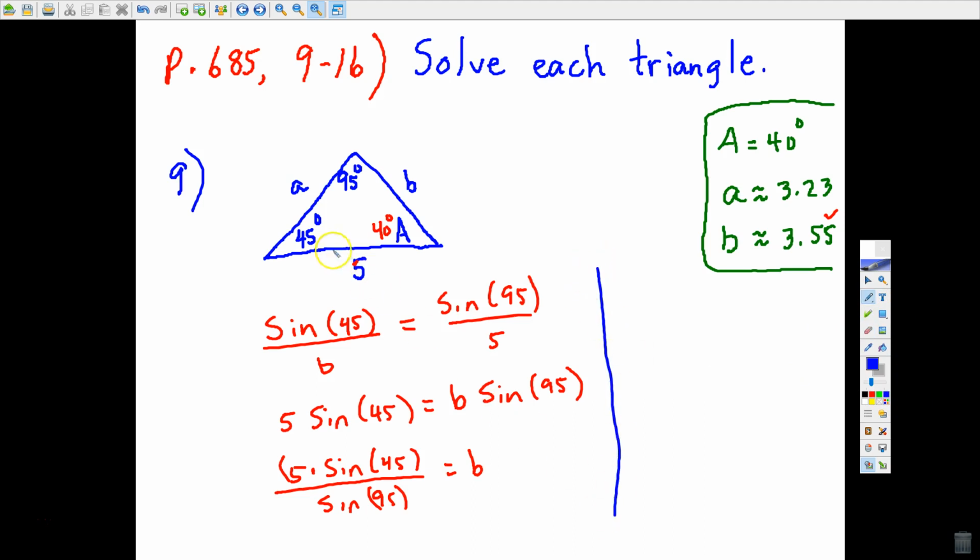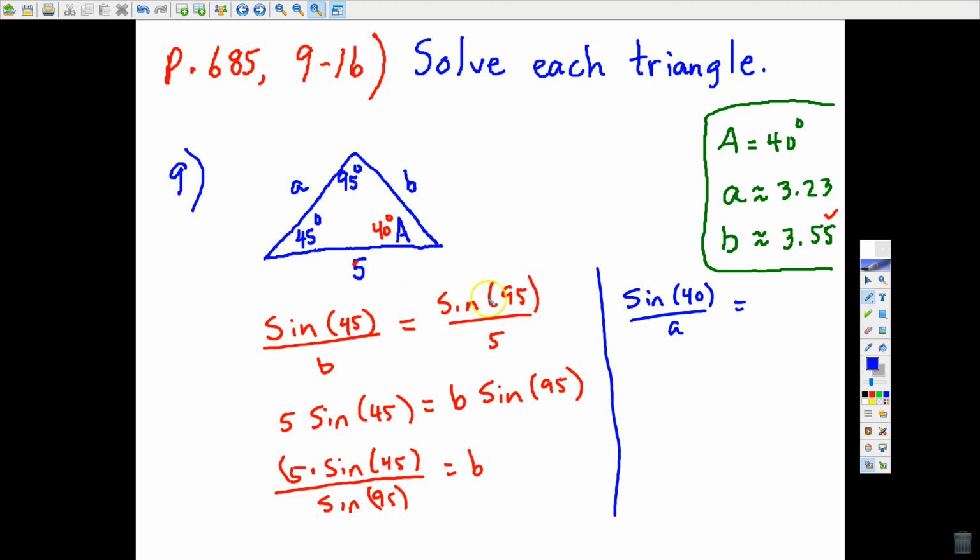Just use a different color. So I'm going to do sine of the angle A, which is 40, divided by side A, which is what we're looking for. And then you can use either one of these other angles and corresponding sides. Now that we know what B is, we could use B, but I like to stay with unrounded side measurements whenever possible.